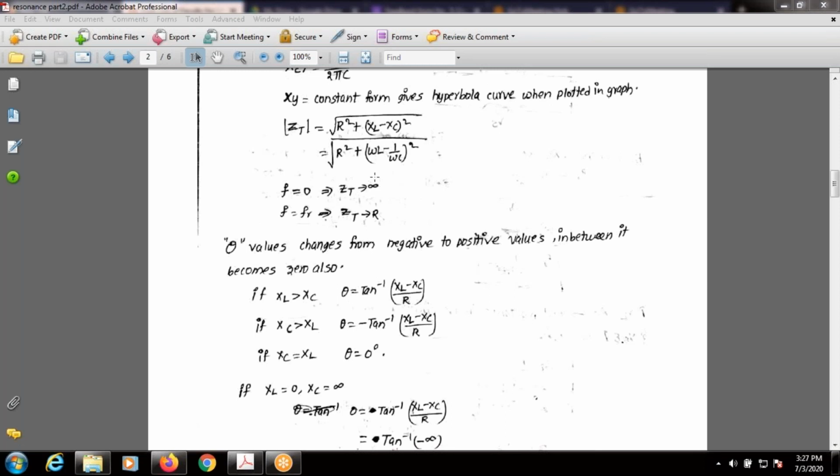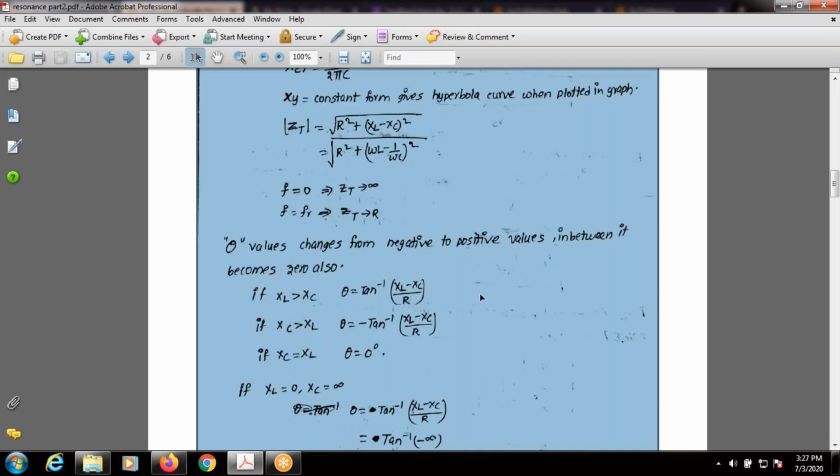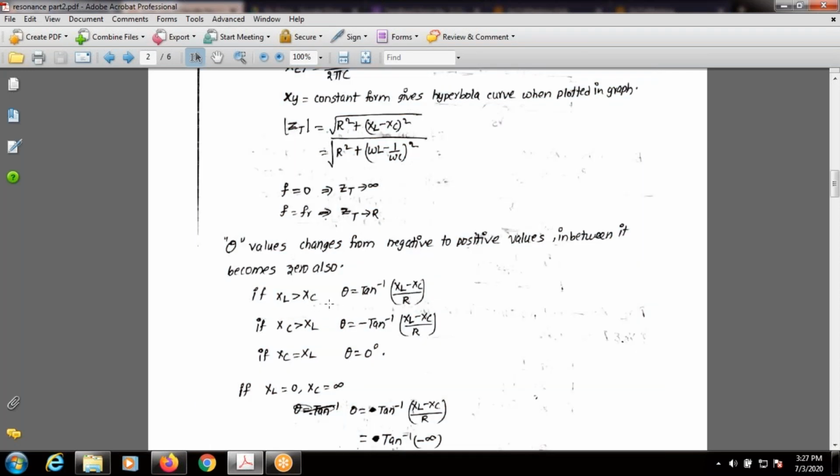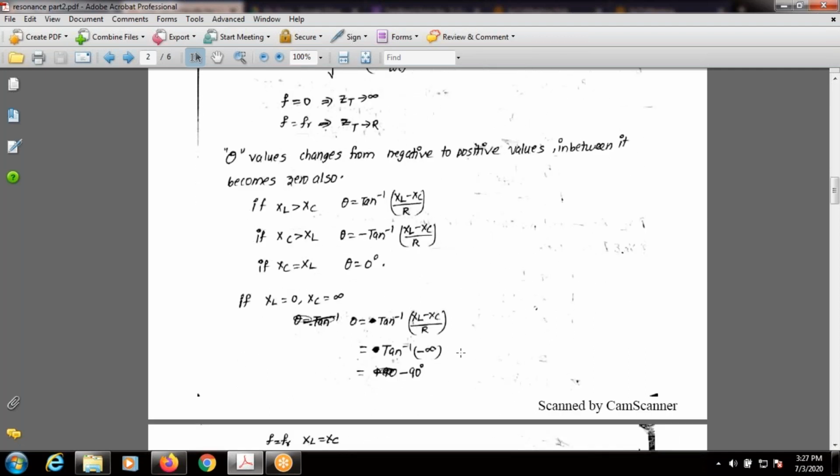Similarly here, observe the expression for ZT. If XL is greater than XC, theta is equal to tan inverse of (XL minus XC) by R. Similarly, if XC is greater than XL, theta is equal to minus tan inverse of (XL minus XC) by R. When both are equal, theta is equal to 0 degrees.